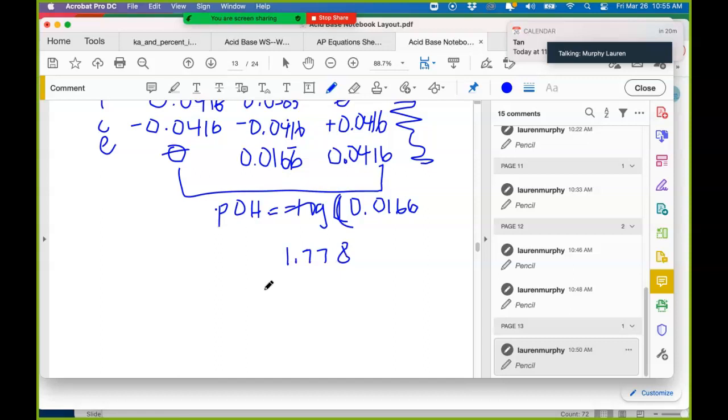So the pH is 12.222. So this one was like nice because I had hydroxide.